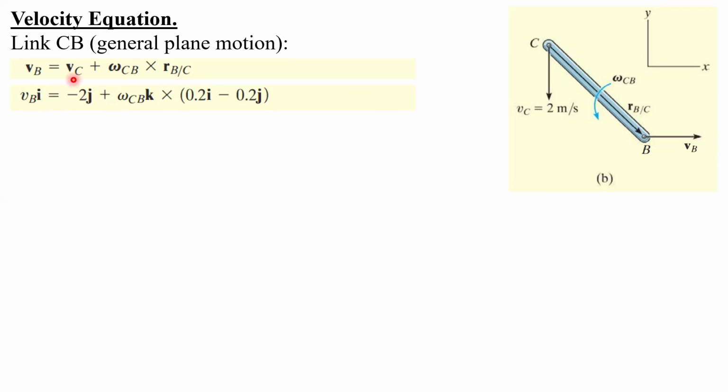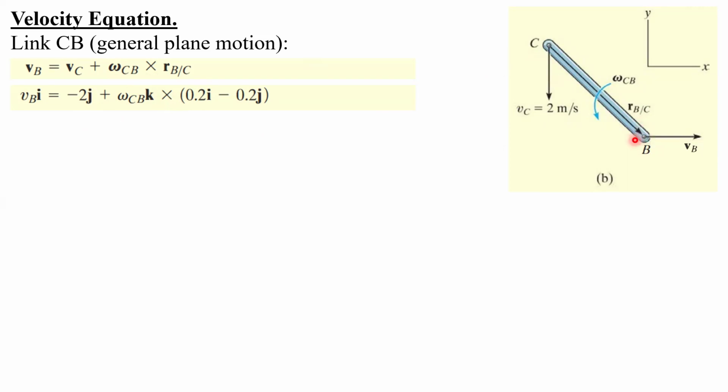VC is 2 meters per second, but only the y component. And since it's moving downwards, it's in the opposite direction of positive y. Then omega CB is what we are asked to find, cross RBC.